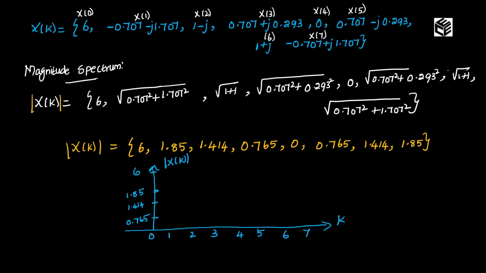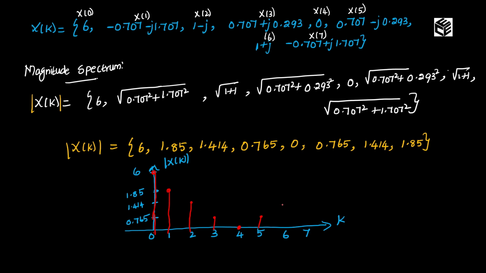I'm going to plot. For 0 my value is 6. For 1 my value is 1.85. For 2 my value is 1.414. For 3 my value is 0.765. And 4 it is 0. 5 it is 0.765.